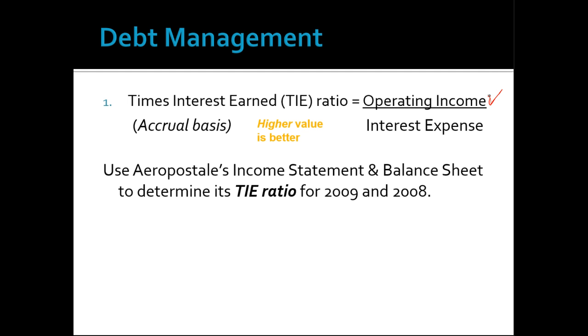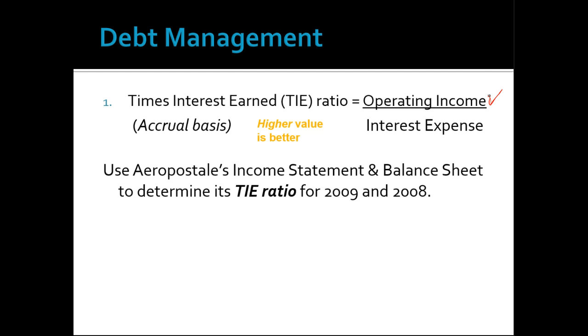Obviously, I probably want this ratio to be greater than 1, right? If a company has $100,000 of interest expense, I really, really hope they have more than $100,000 in operating income, because if not, they don't have enough operating income to pay their interest. They don't make enough to pay the interest that they owe. And remember, debt is an obligation.